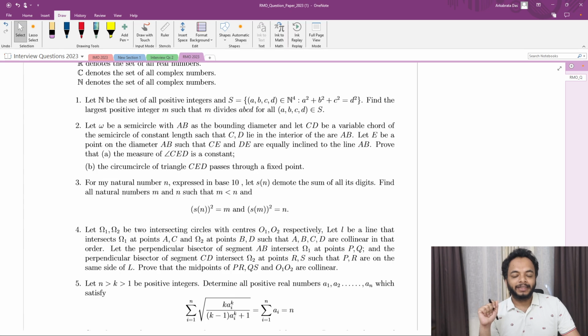The main idea to solve these types of problems is to figure out the minimal solution. What do I mean by minimal? Maybe the sum of a, b, c, d might be very small. Since division is involved, we might try to get some solutions involving one or two primes, or maybe two to three primes, and argue that all such solutions should be divisible by those primes.